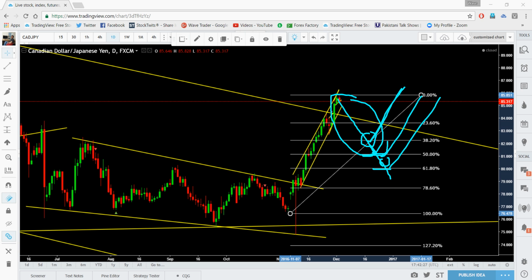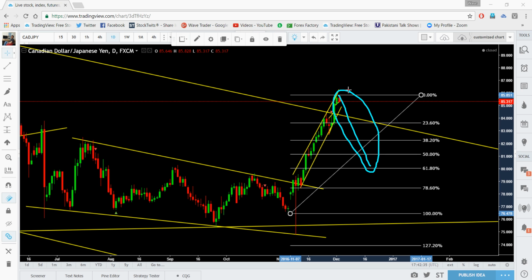So we use our indication here. Once our indication tells us that this corrective pattern is about to break out, we use the risk-taking technique at that place. We don't look for 618, 50 or something like that.